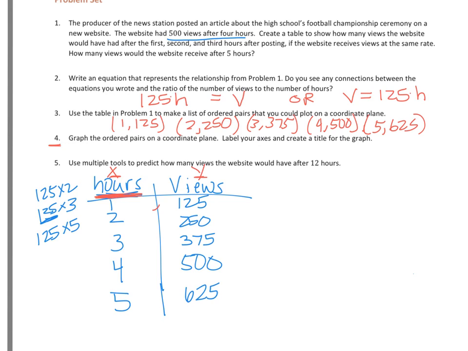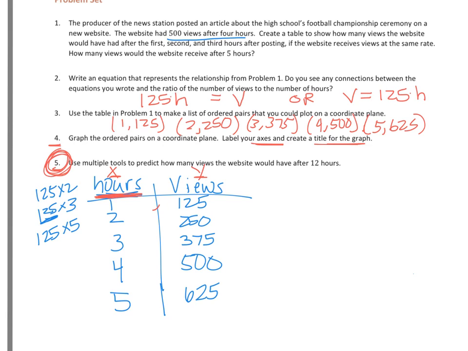So we're going to go on to the next page to do this graph, the ordered pairs on the coordinate plane. So I'm going to bring those coordinates over with me, and I have to make sure that I label my axes and create a title for the graph. My graph is just going to be website hours and views, and then I'll do my stuff over on page 2. But I'm not going to come back to page 1, so just make sure that you take a look at 5.